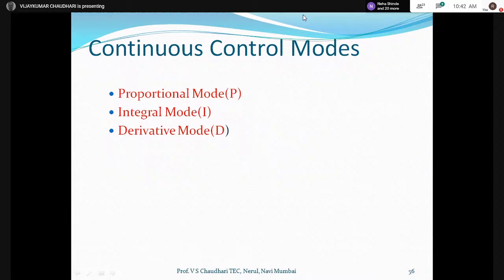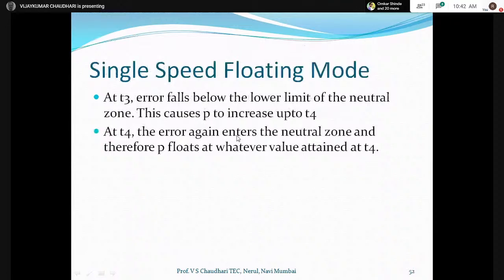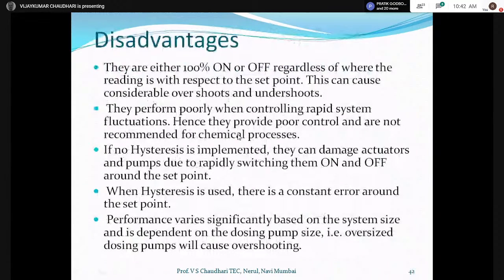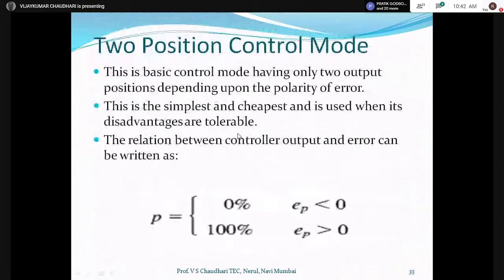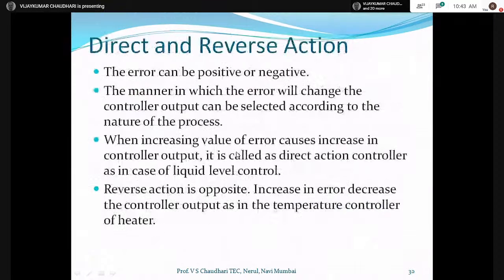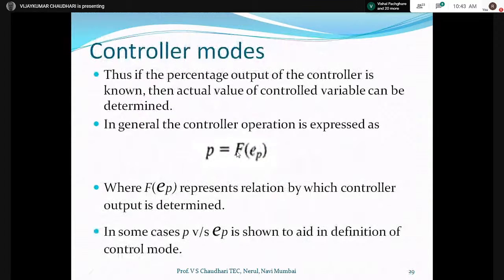So now these were the discontinuous control modes. What are the discontinuous control modes? We discussed two position control, multi-position, that is three position control, and floating mode. In floating mode, we have single speed and multiple speed. So these are all discontinuous, right?